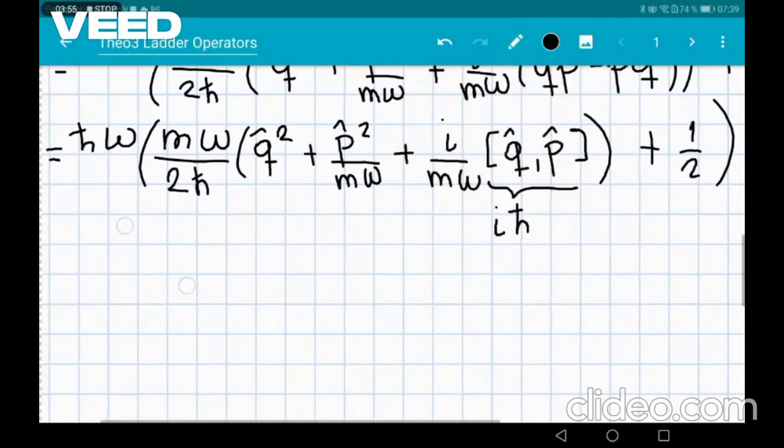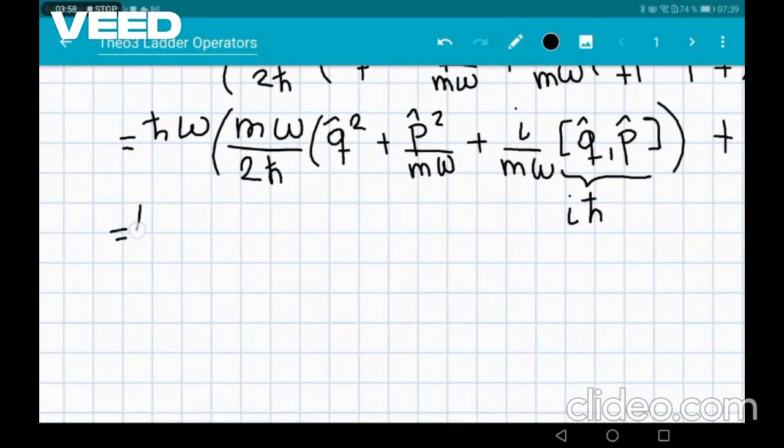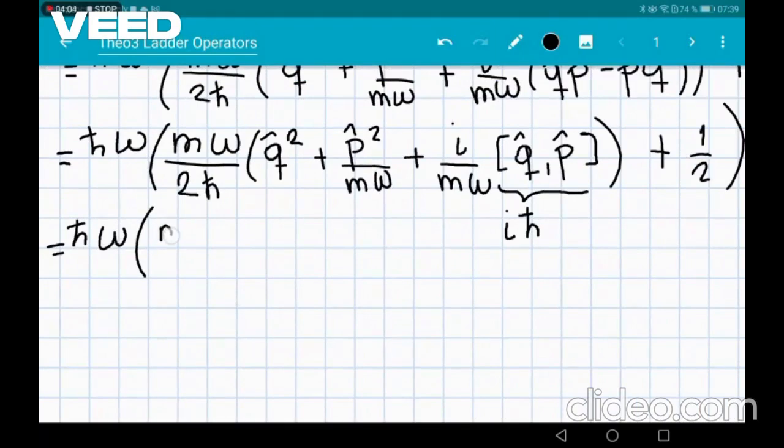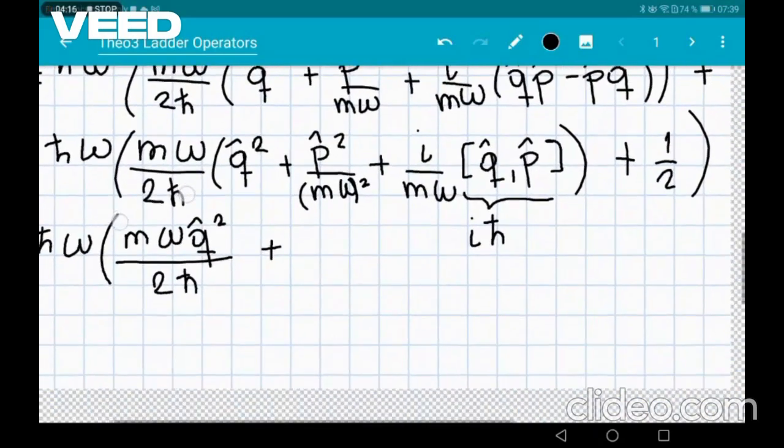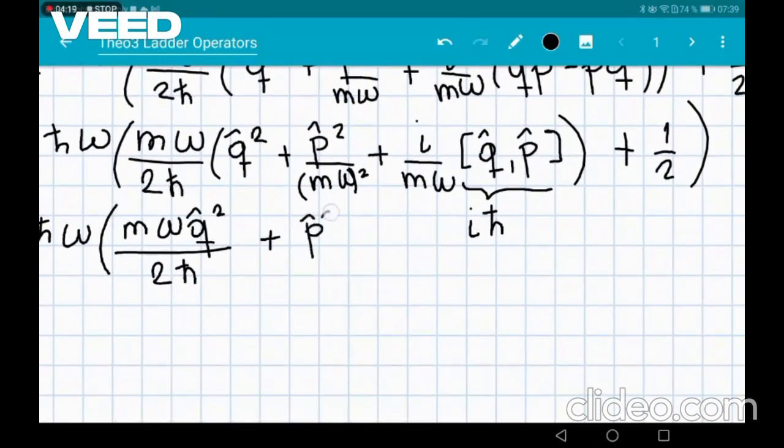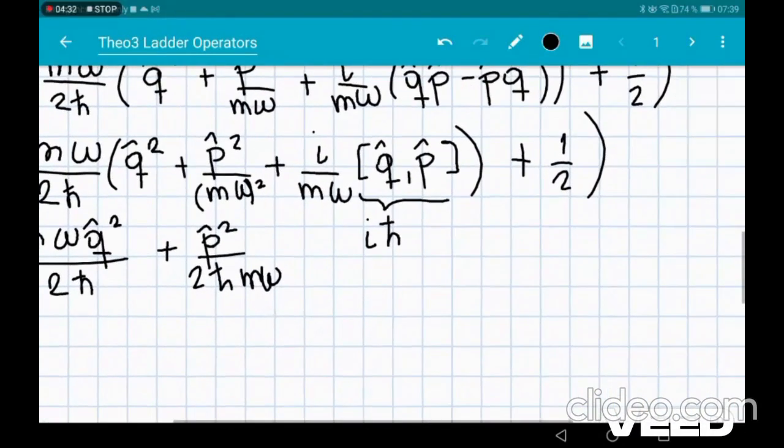And when we simplify the brackets, we're going to get h bar omega times m omega q squared over 2 h bar plus p squared over 2 h bar m omega, because the m omegas are going to cancel the square in the denominator.